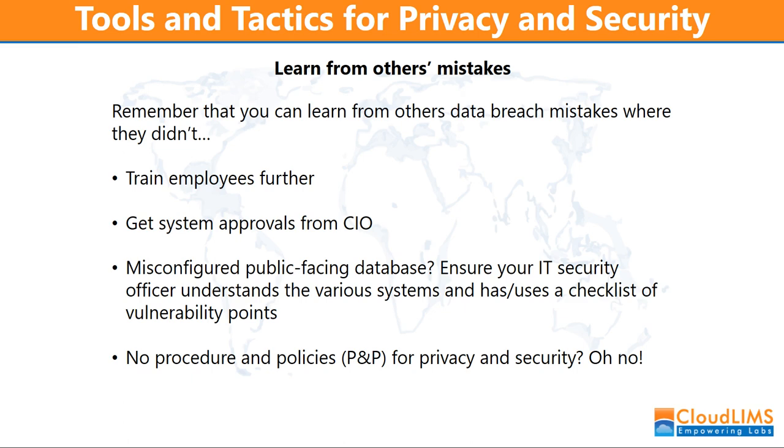Don't misconfigure to produce data and system vulnerabilities, open doors for hackers, and fail to set up in place procedures and policies for privacy and security in your organization. These are all definite no's.